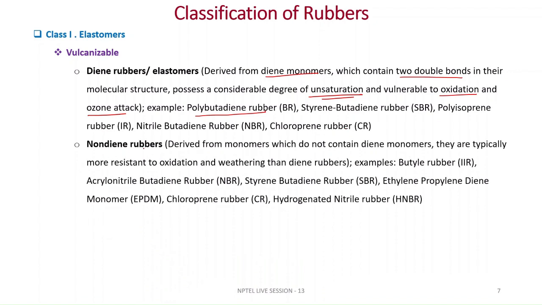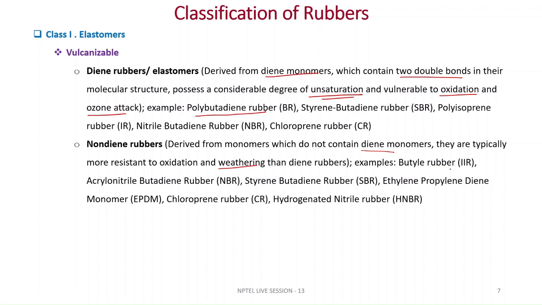The other, non-diene rubbers, which can also be vulcanized, are derived from monomers which do not contain diene monomers. They are typically more resistant to oxidation and to weathering than the diene rubbers.